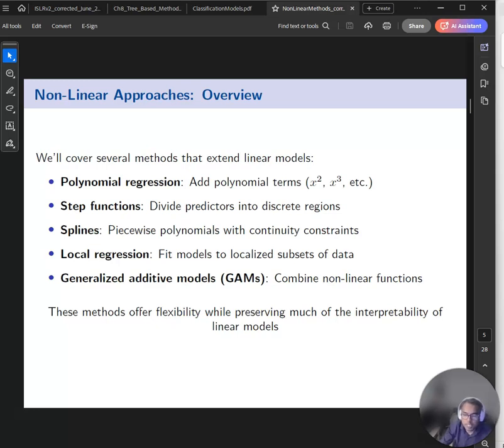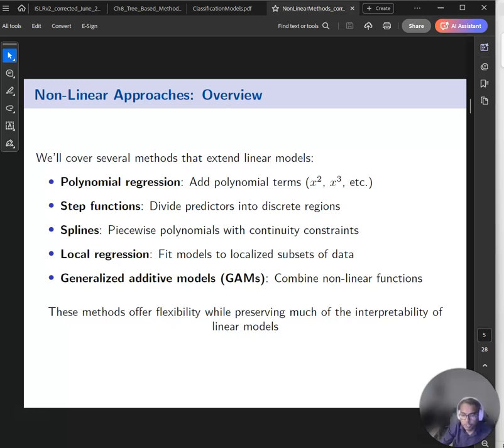Splines are a more sophisticated version of step functions. They are essentially piecewise polynomials, but with continuity constraints at the boundaries. Splines give us the flexibility to model complex curves while ensuring smoothness where the pieces connect. Local regressions take a bit of a different approach. Rather than fitting one model to all data, they fit models to localized subsets of data. This allows the model to adapt to local patterns without being influenced by distant observations.